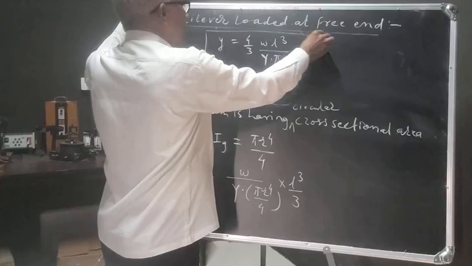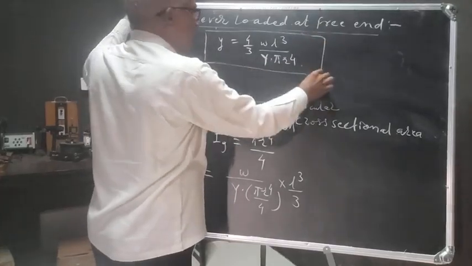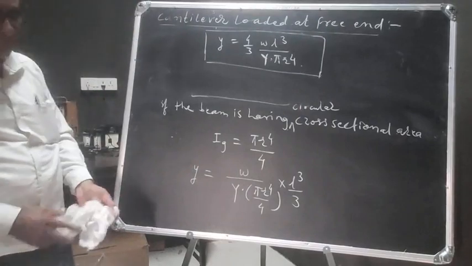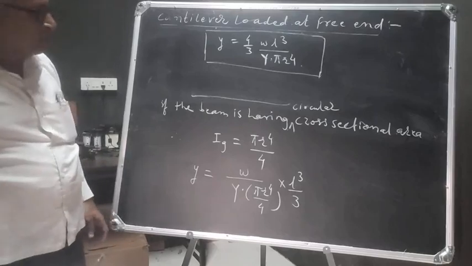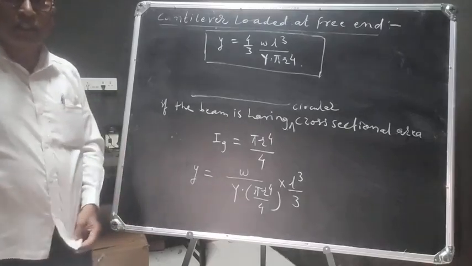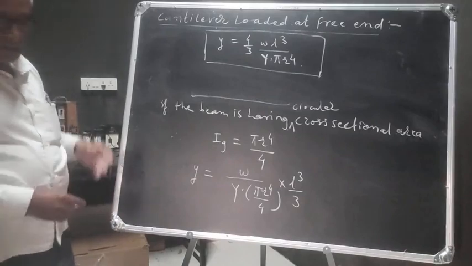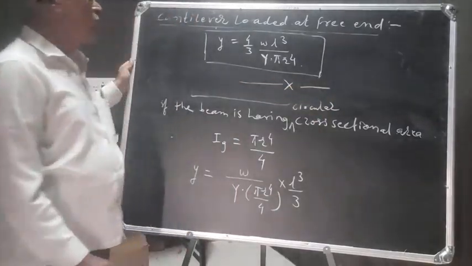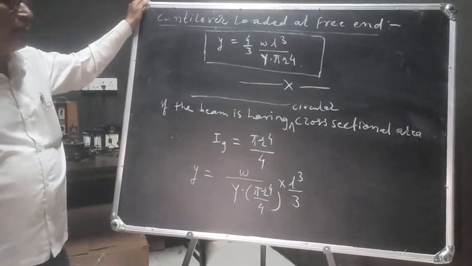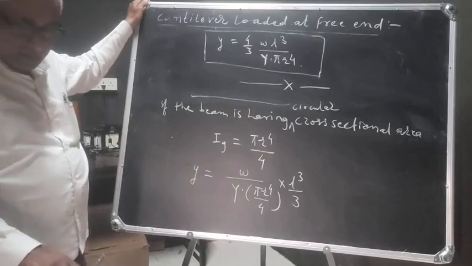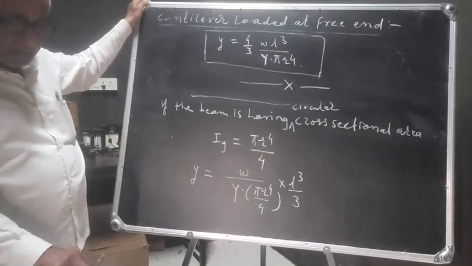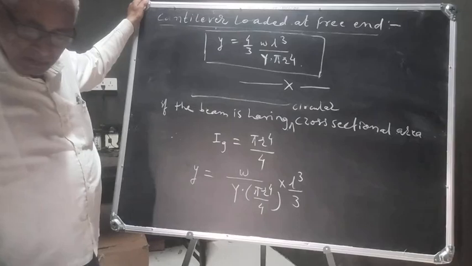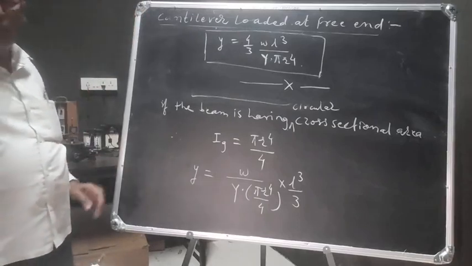With the help of this equation, we can calculate the depression of a beam when the bar has a circular cross section. With this we have finished the point cantilever loaded at free end. Now in the next period we will see the next assumption, that the weight of the beam is effective. That part we will discuss in the next period.